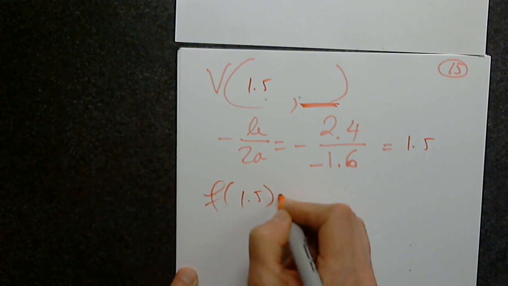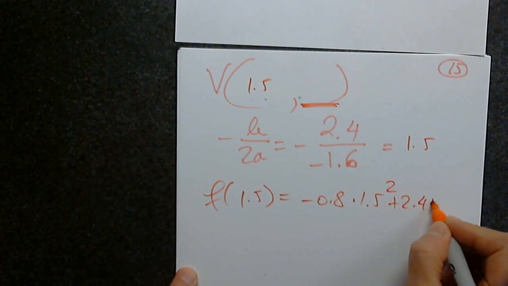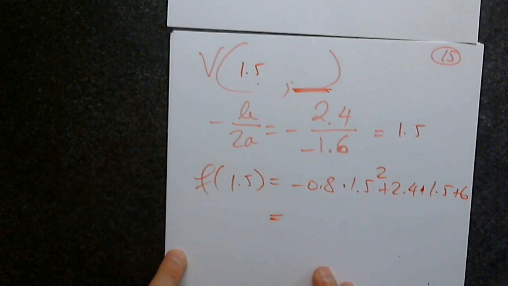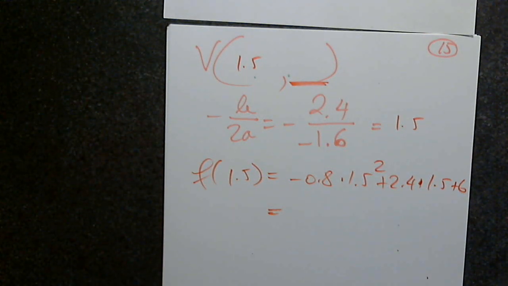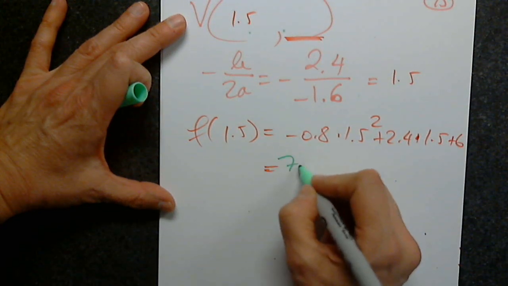Exactly. f of 1.5. So negative 0.8 times 1.5 squared plus 2.4 times 1.5 plus 6. Let me know when you get this answer. Yes? What is it? Okay. Feet.